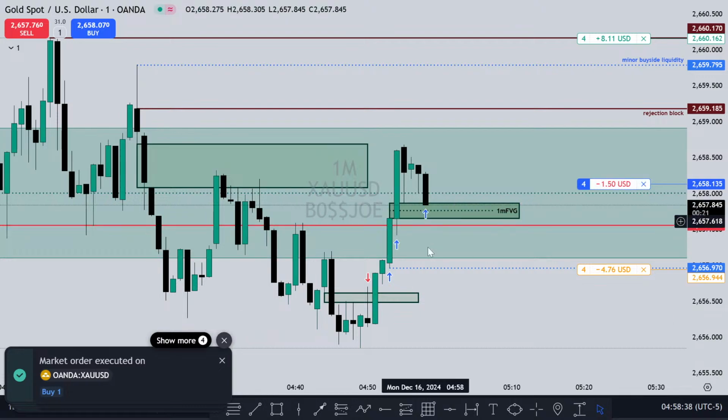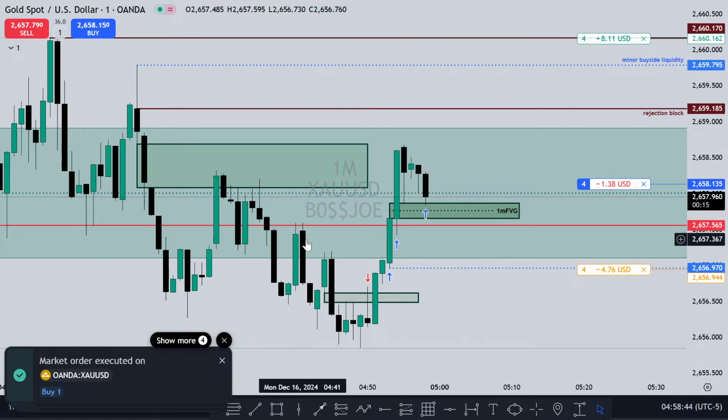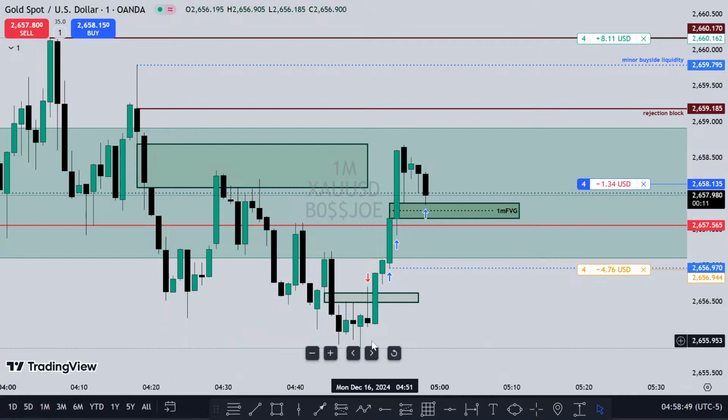So if it comes all the way back here, then I'll be stopped out. And that will be it for London session. Two stopped out. I've been stopped out the first one. So if it comes back there, that means that's two loss. And it's okay.